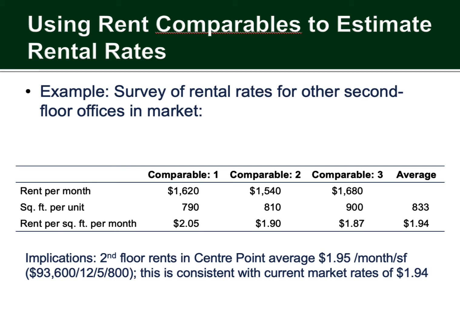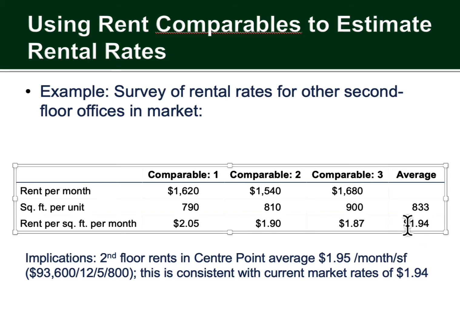We find data on recently signed rents in this market for this property type and figure out what those equate to on a square footage basis, dollars per square foot. Then we multiply a reconciled value. In this example, we're just using a rounded average of 1.94. And then we apply that price per square foot per month from these comparable properties to the square footage of our vacant unit.